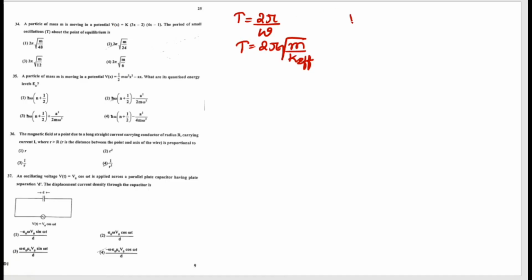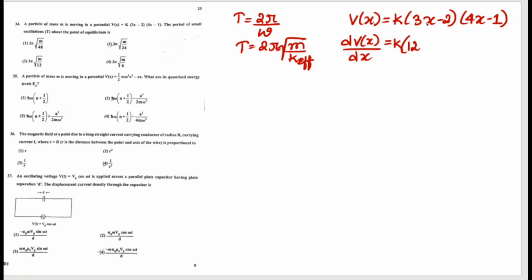They have given V(x) = k(3x − 2)(4x − 1). Differentiate one time with respect to x, and I get dV/dx equal to k, which is constant, times the product expanded. 3 fours are 12, and differentiation of 12x² will be 24x. Now 3x times −1 is −3x, and differentiation of −3x is −3.